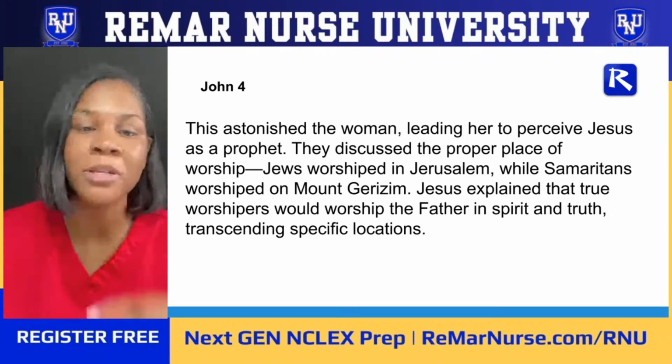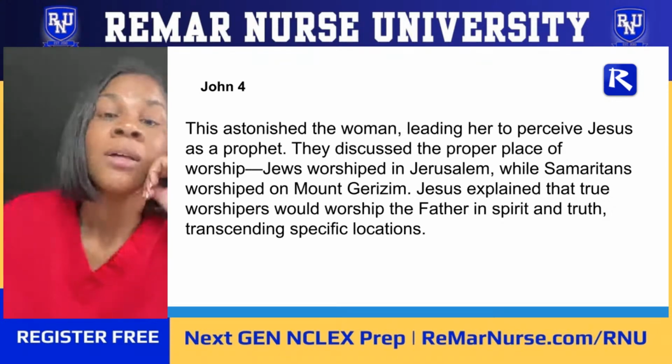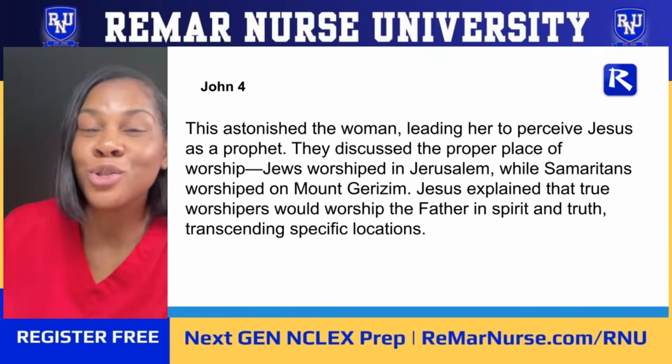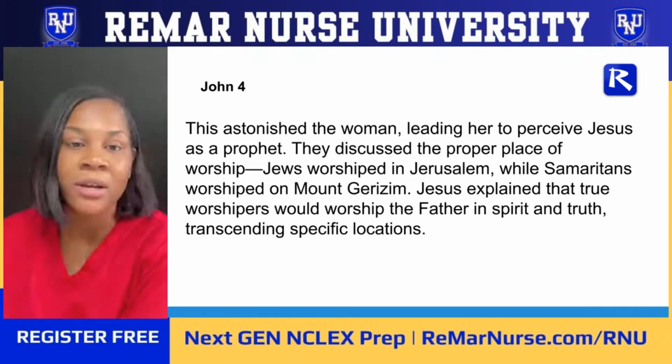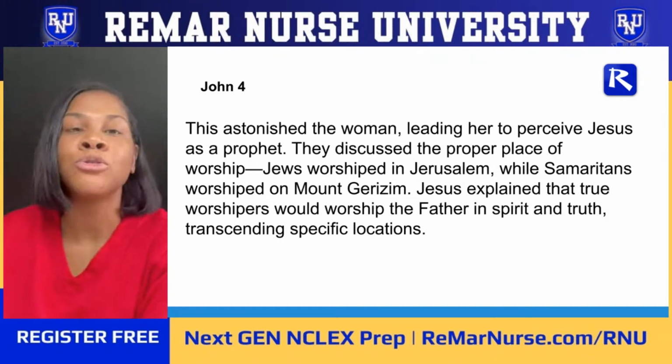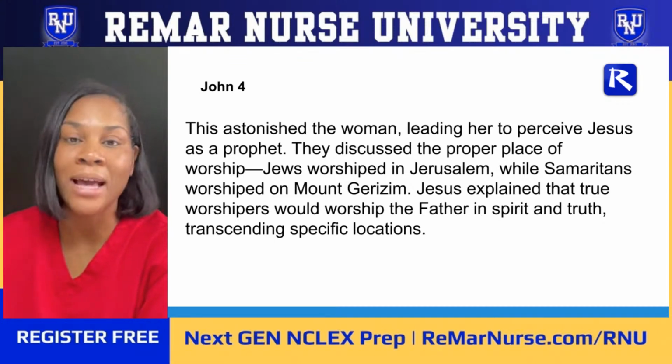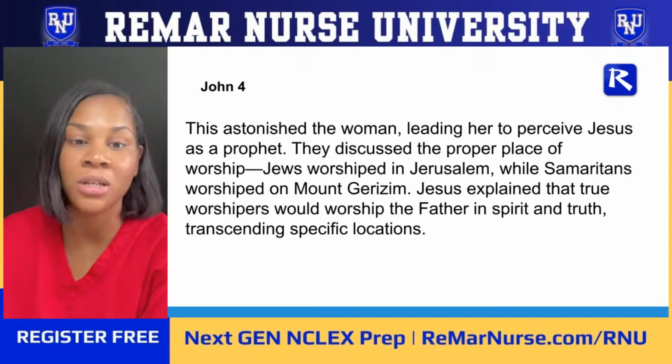at the end of the day, let me just read it because see, I get off track. They discussed the proper place of worship. Jews worshiped in Jerusalem. The Samaritans worshiped on the mountain, Gerizim. Jesus explained that true worshipers will worship God in spirit and in truth. It does not matter the location.